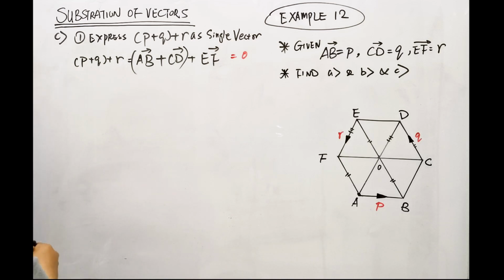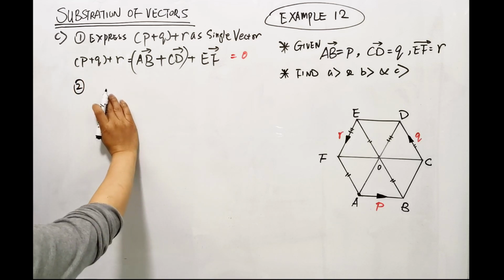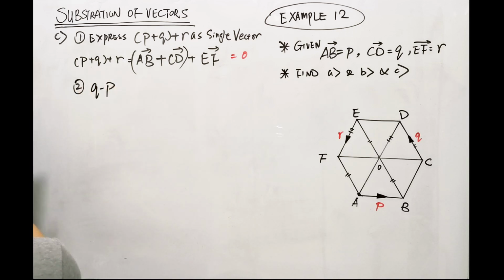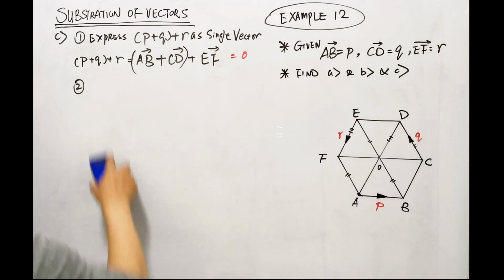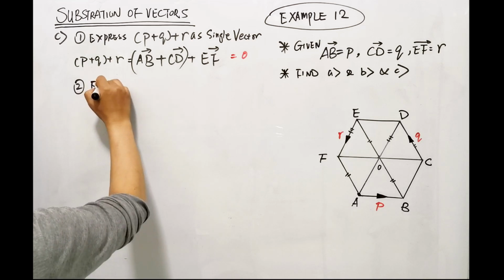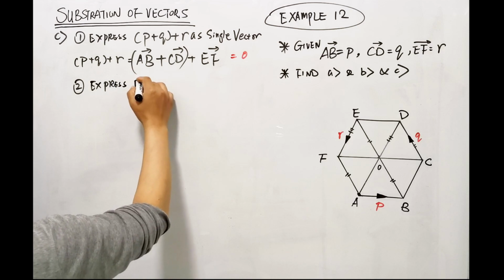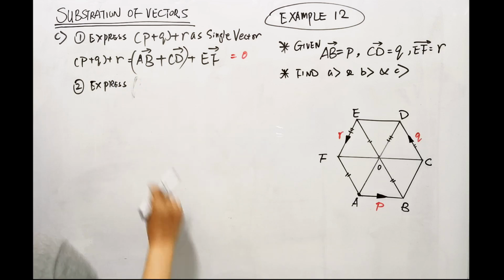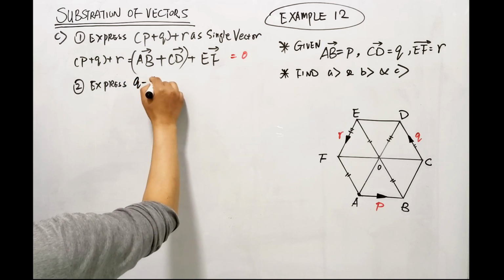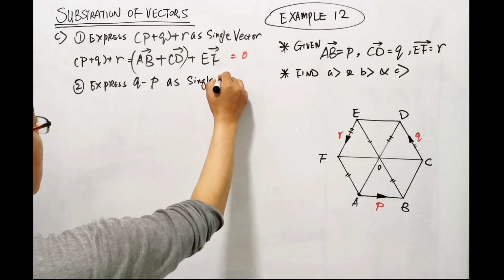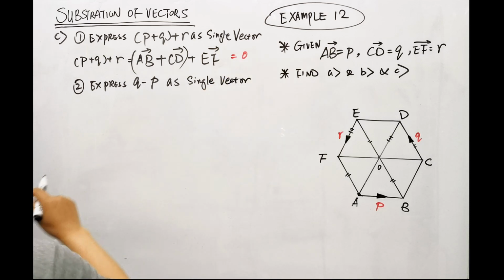The second one is to express Q minus P as a single vector.